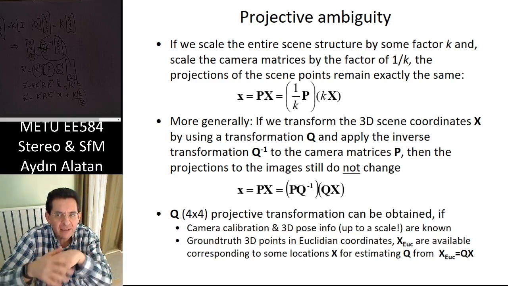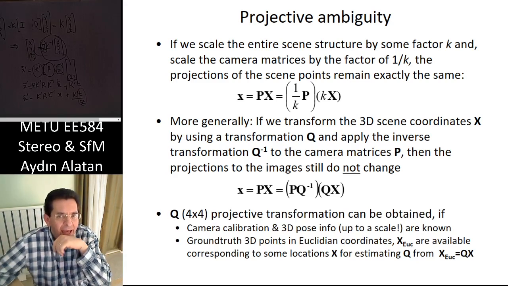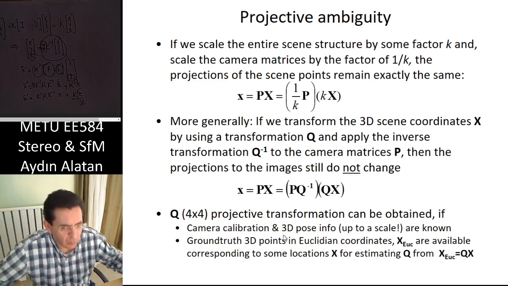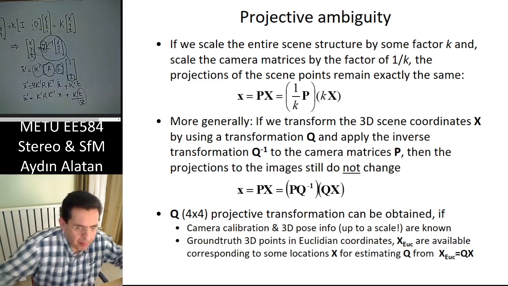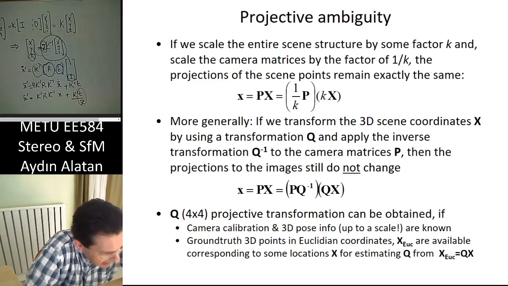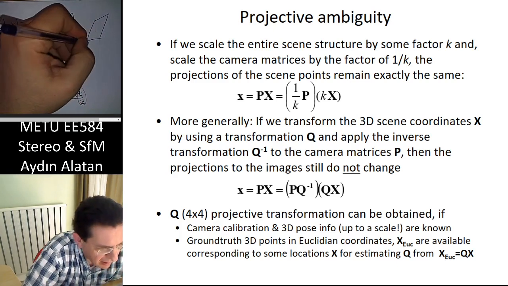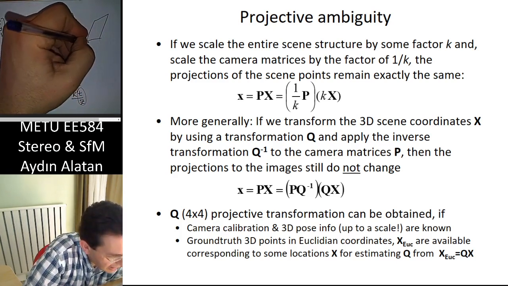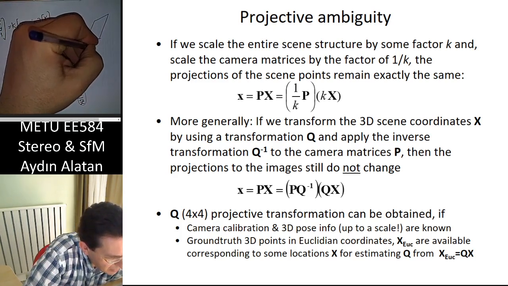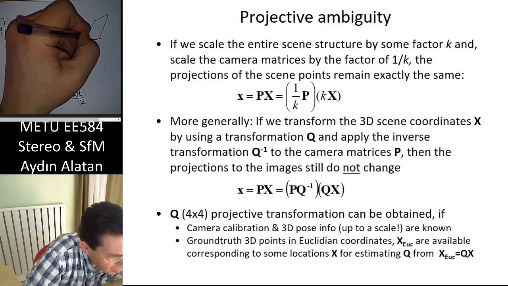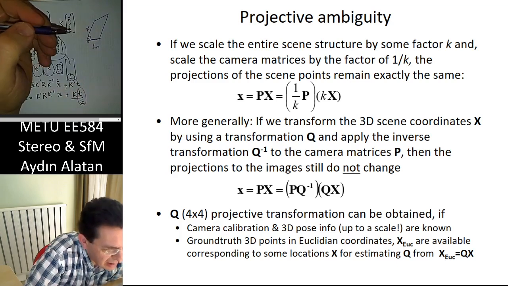You can first estimate your Q, then you can have some ground truth 3D points. In other words, you can have something like this. Maybe your box is a little bit exaggerated, but you go there, you say, hey, this point is 1 meter, that point is 2 meters, this is 90 degrees.